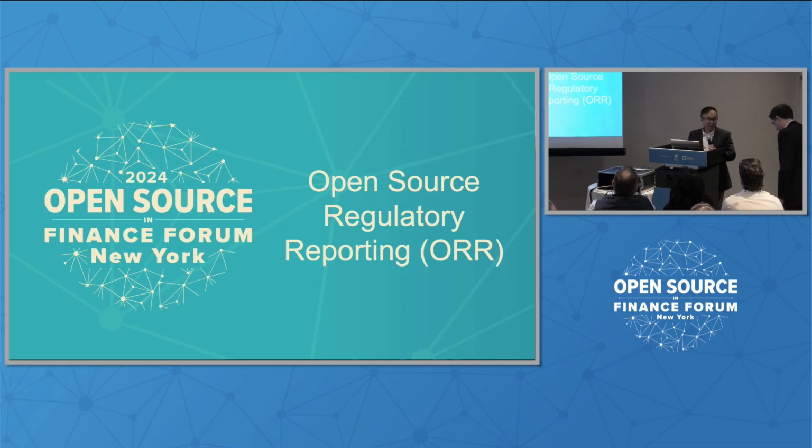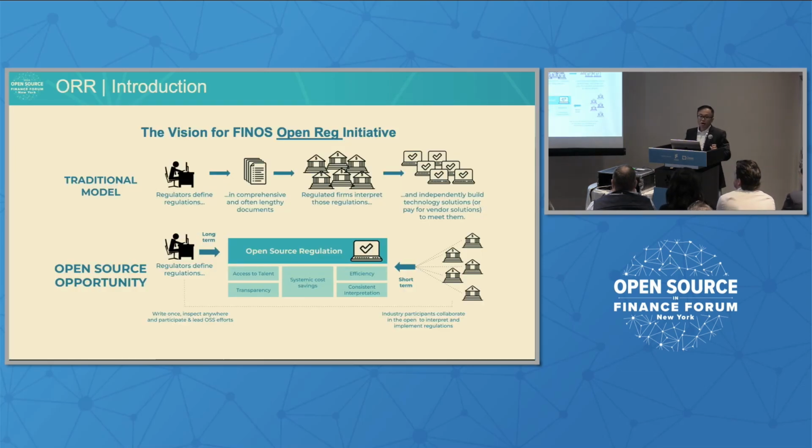Thank you so much, Jane, for giving me this introduction. For the next 10 minutes, I'm going to give an overview of this open source regulatory reporting from FINOS. From this diagram, you can see the vision for FINOS on this open reg tech is very clear, compared with the traditional model on the top.